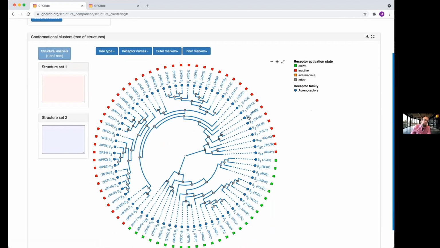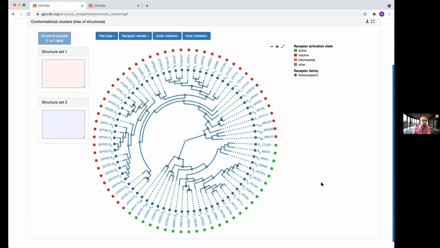But you see also that again the beta 2 have different branches, and so these are the earlier beta 2 receptor structures, and the beta adrenoceptors then have another cluster than the alpha adrenoceptors. So this is actually quite nicely classified according to the same classification that you would expect based on the similarity from a sequence.